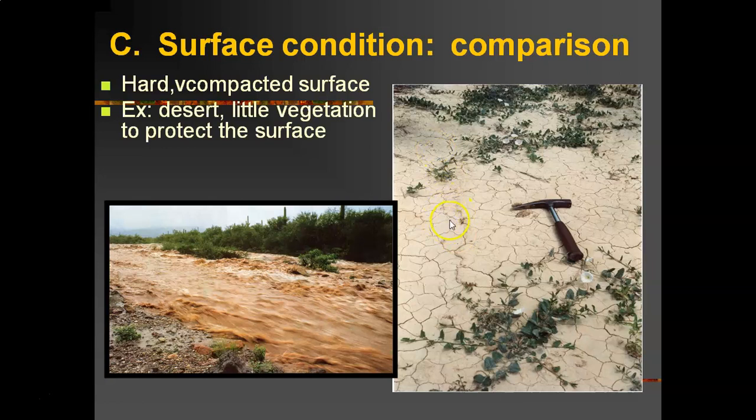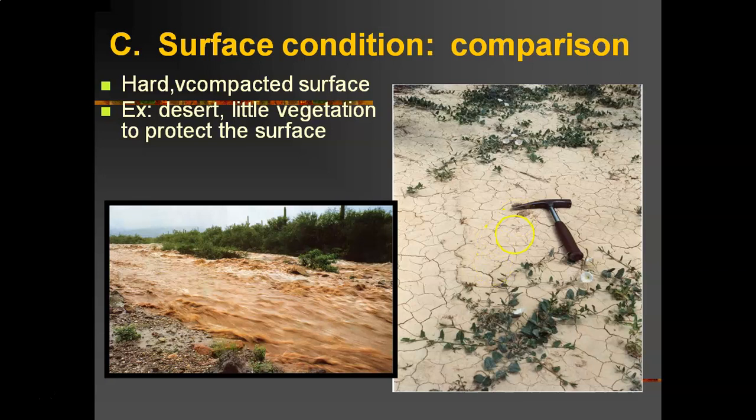This is really common in desert environments. Now, we get flash flooding for the reasons that I just mentioned, but it's really common in the desert. It's kind of famous because there is little vegetation to protect the surface, and the surface is baked throughout the year with the clear skies and low precipitation.